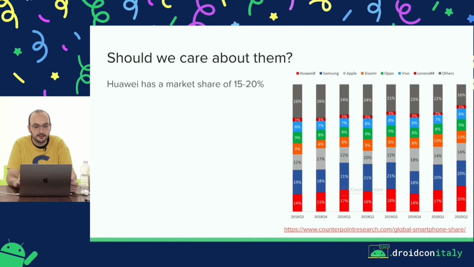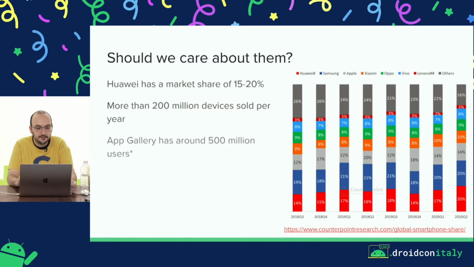So it has a really big user base, and for sure we cannot ignore it. Just some other statistics: more than 200 million devices are sold per year by Huawei, and the Huawei AppGallery has around 500 million users.